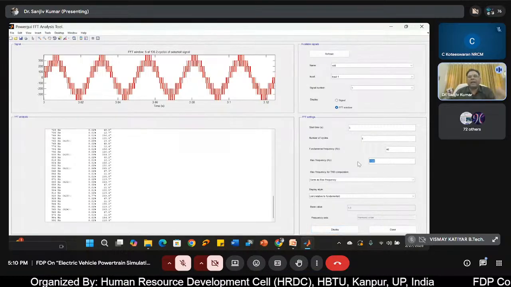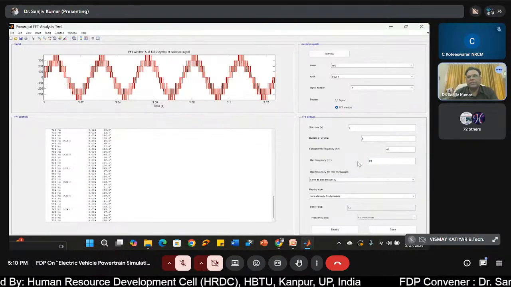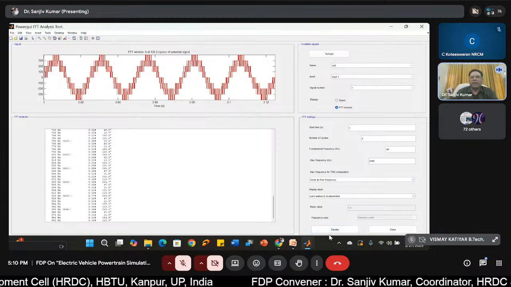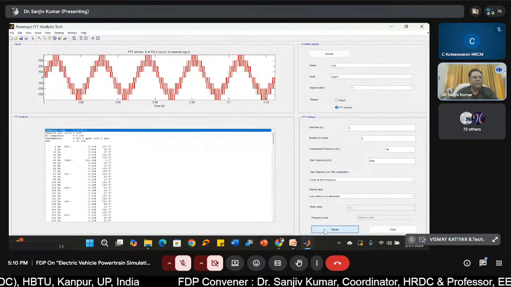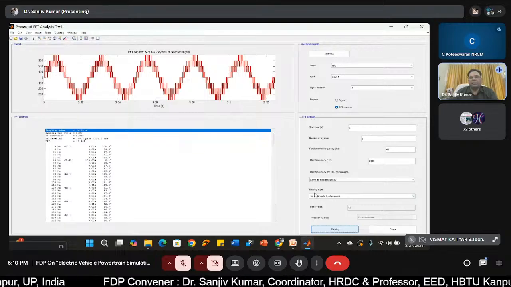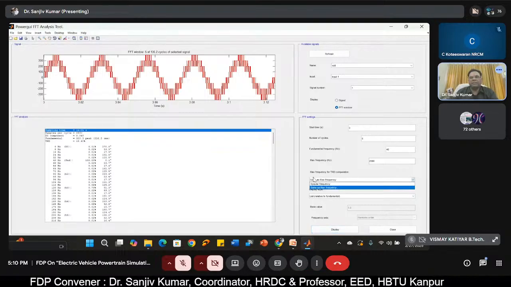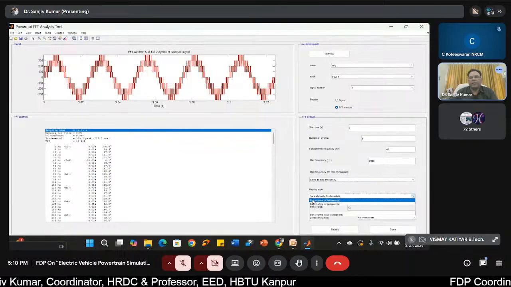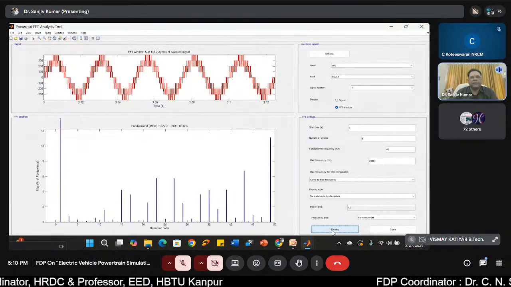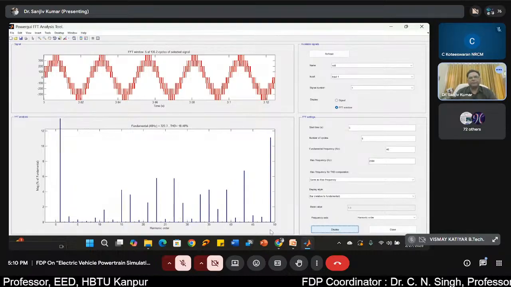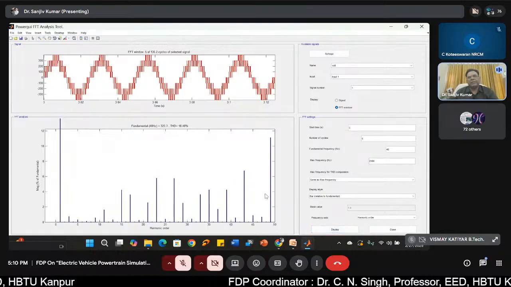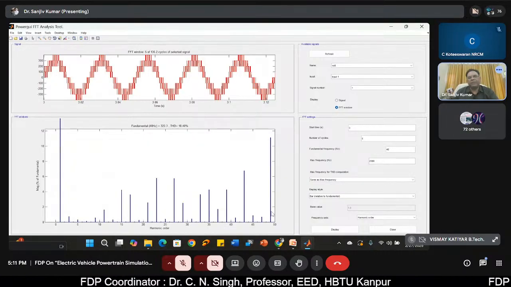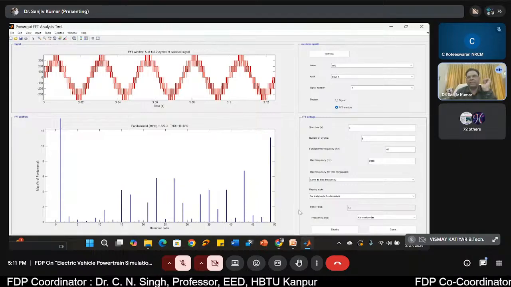Now I take the maximum frequency as 2000. Now you will find that near 1000 hertz there is a dominant harmonic. Let me first make it a bar and let us display. Then you can see it is the maximum, somewhere around 48, 49.